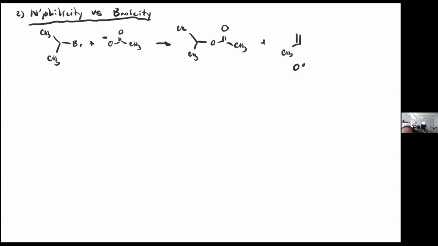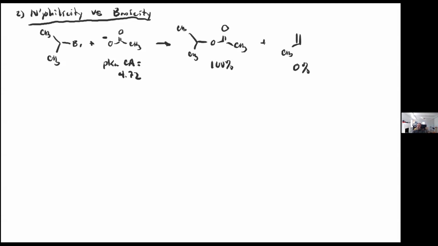So 0%, 100%. Okay. And the pKa of the conjugate acid of acetate, which is acetic acid, is 4.72. All right, pKa for the conjugate acid. Okay.